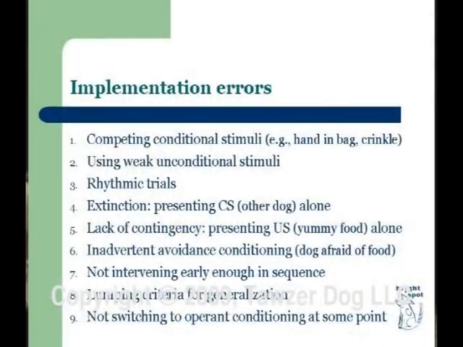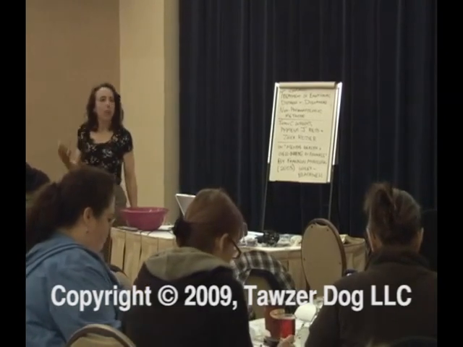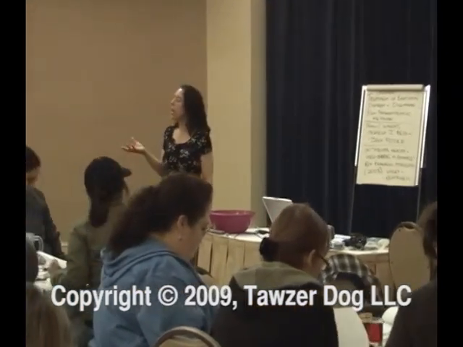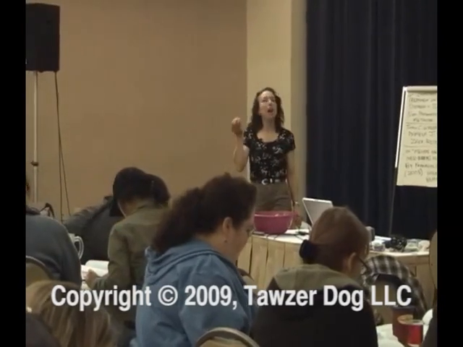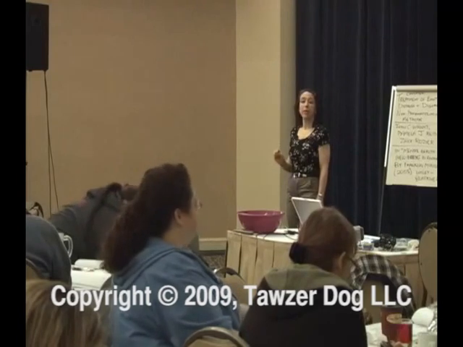So let's go through. You got the idea, you got the basics, you're ready to go out and do some counter conditioning with your dog. What are some things that are going to be obstacles for you? We talked about one yesterday, which is your dog attaches the emotion of your unconditioned stimulus, food, toy, maybe body work, usually some kind of food or a very coveted toy, to some other stimulus in the environment.